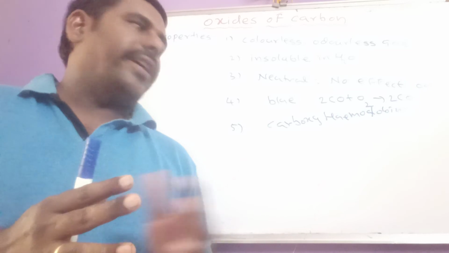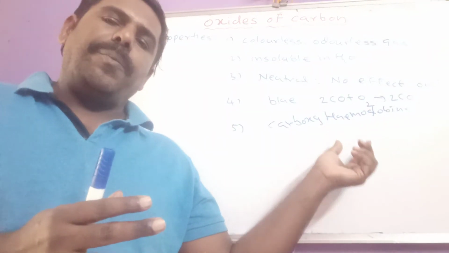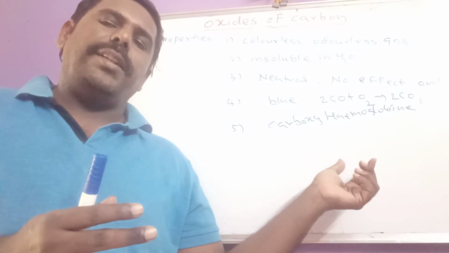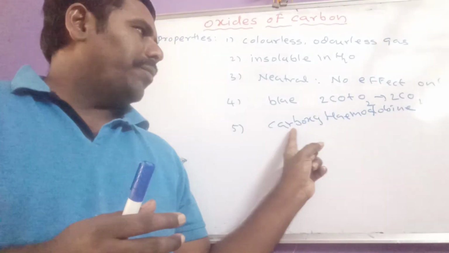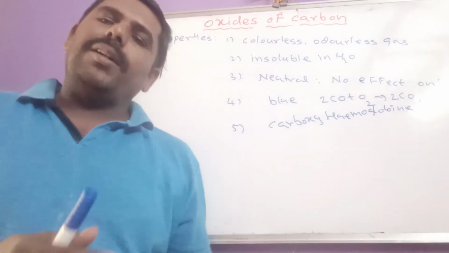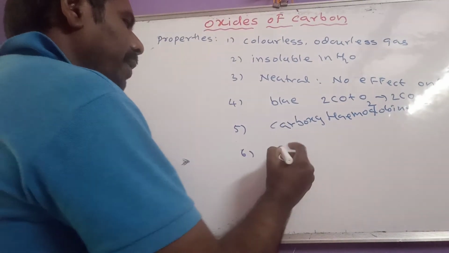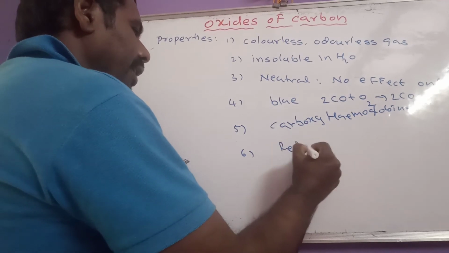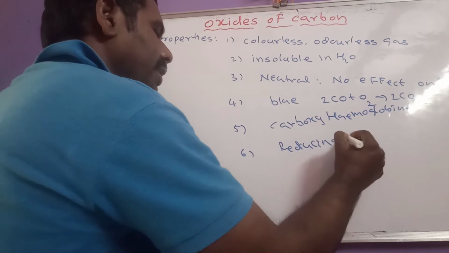So it is highly poisonous, and it prevents the carrying of oxygen by the RBC due to the formation of the most stable carboxyhemoglobin.